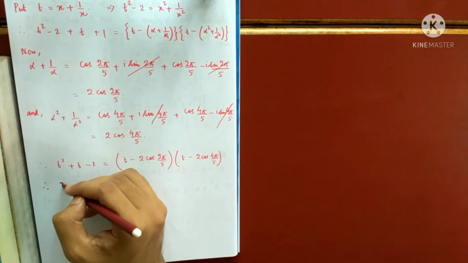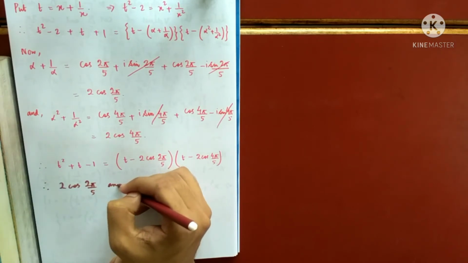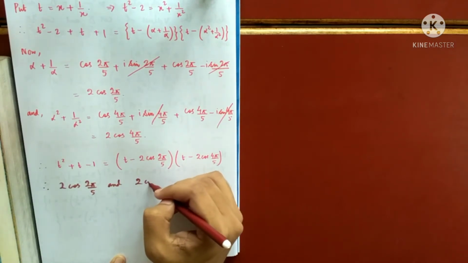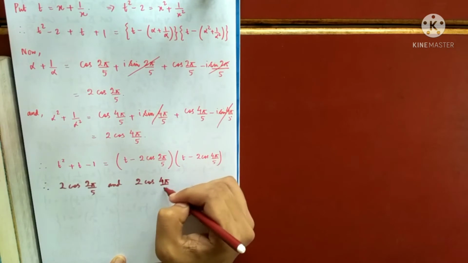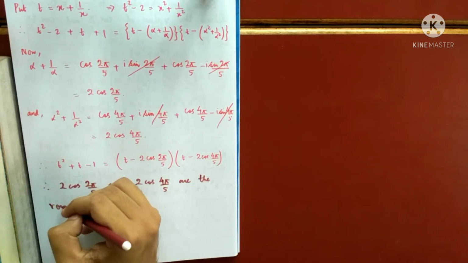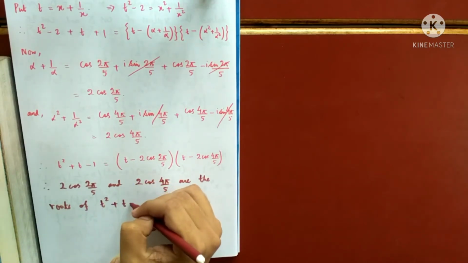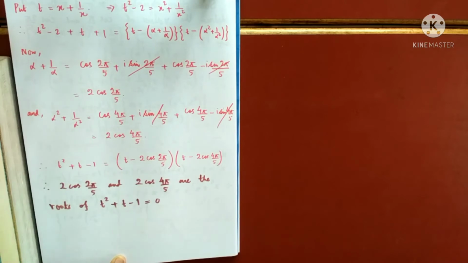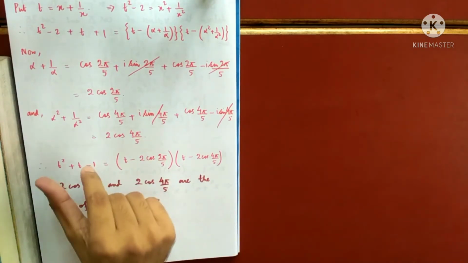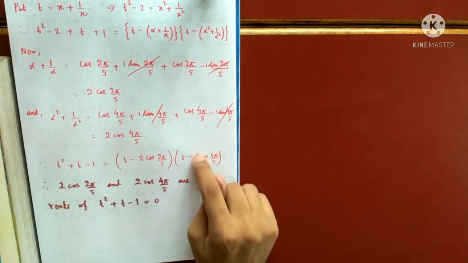That means 2 cos 2 pi by 5 and 2 cos 4 pi by 5 are the roots of this quadratic, right? Because this quadratic can be factorized as t minus some number, t minus some number.